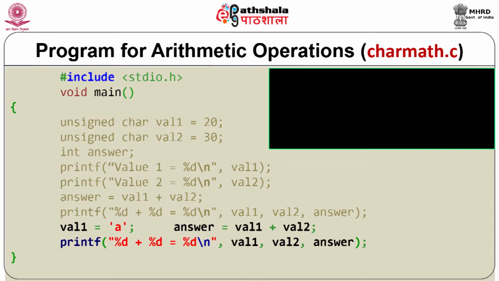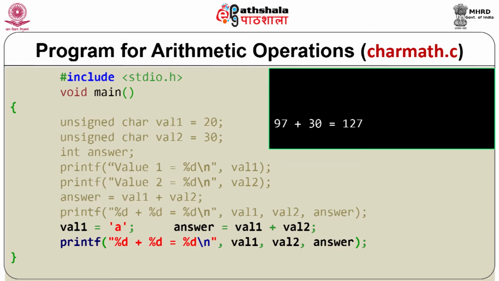So it will add 97 to 30. The current value in value 2 will be added and the result of answer will be displayed. This is because the compiler knows when to automatically change between characters and integers or other numeric types.